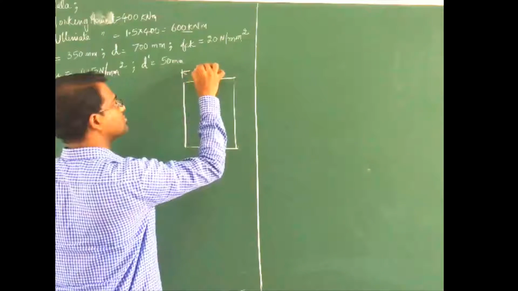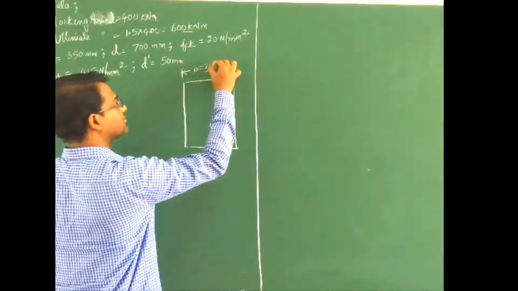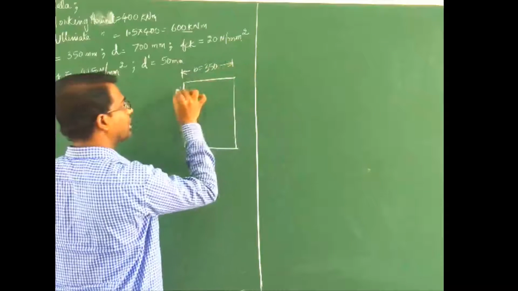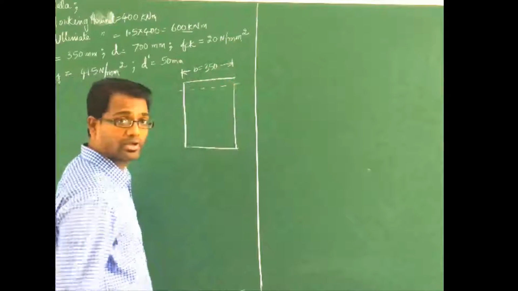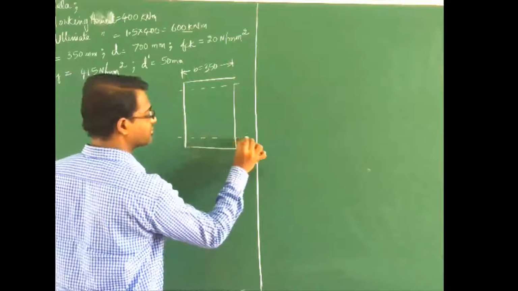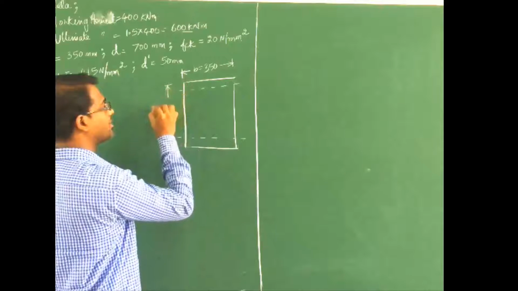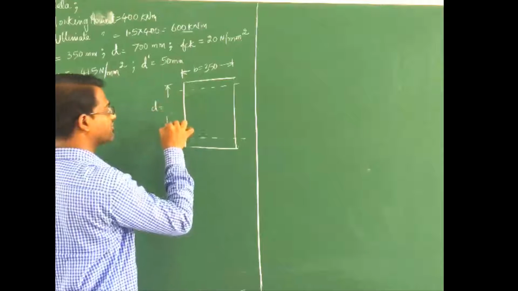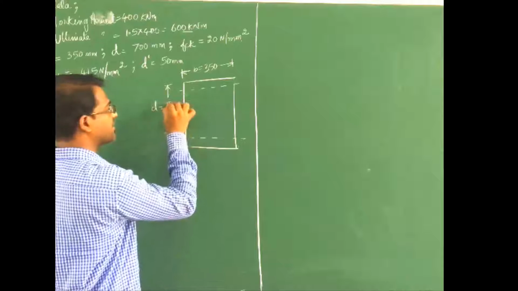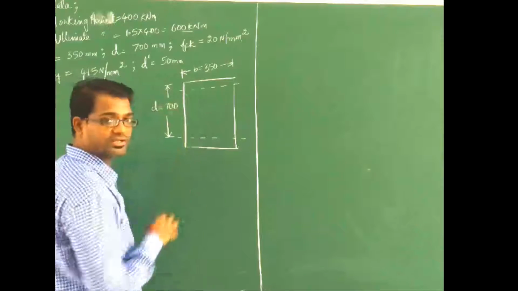breadth equals 350. You have steel reinforcement at top, you have steel reinforcement at bottom. From top fiber to center of tensile reinforcement is given as 700, right?